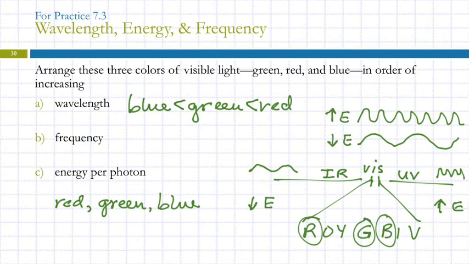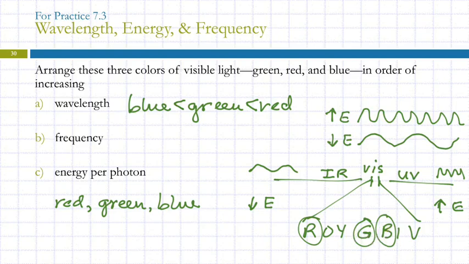Okay, so frequency. If I'm standing here and these waves are coming at me at the same speed, which one's higher frequency? The one that hits me more frequently. The one on top, right? So that's this one over here. It's the one with the higher energy. So that's more frequent.